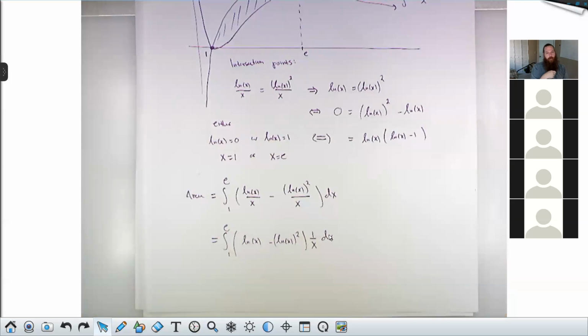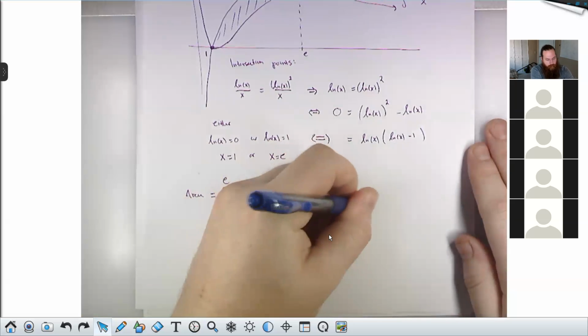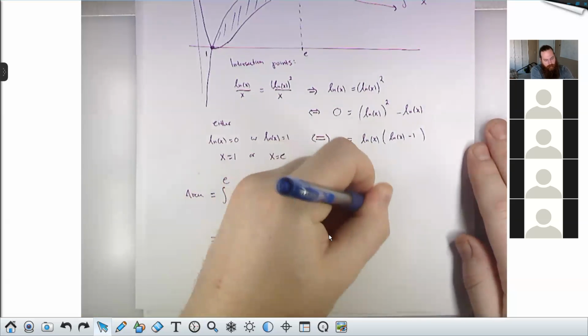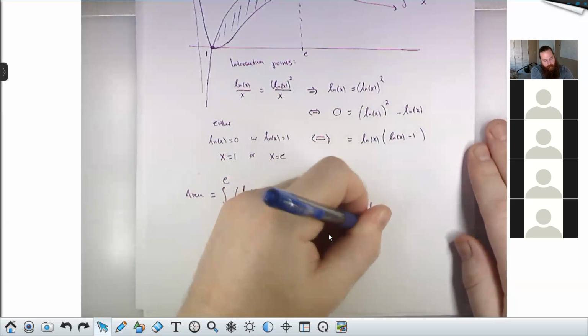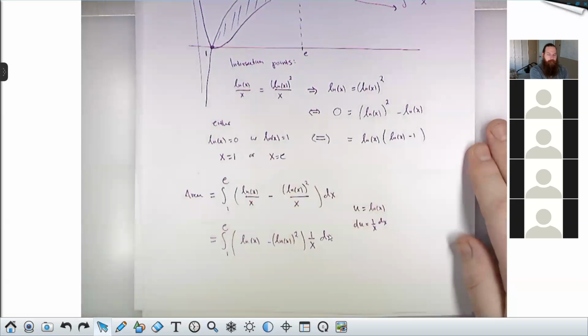You can factor the 1 over x inside your integral and then make the little substitution: u equals ln x, du is going to be 1 over x dx.